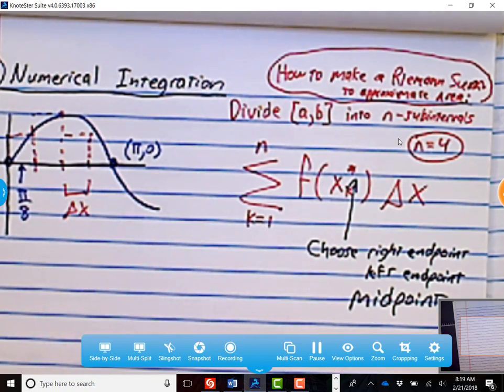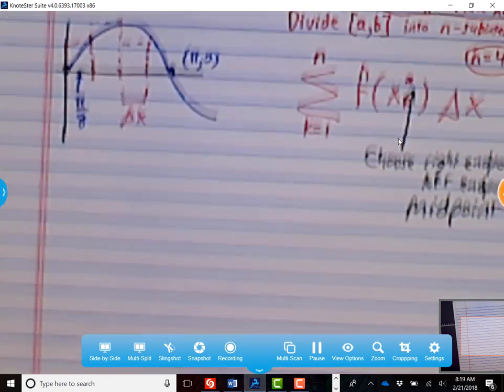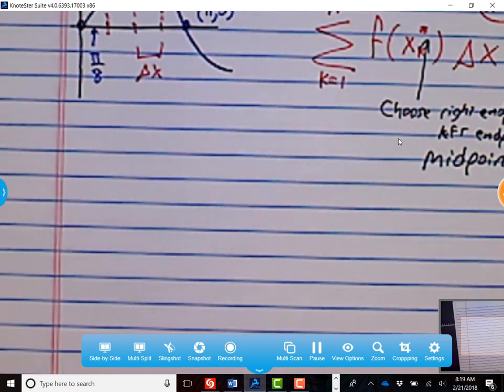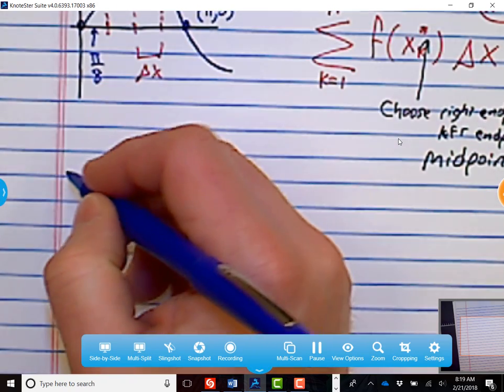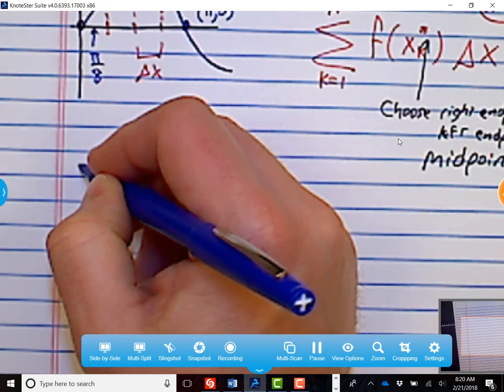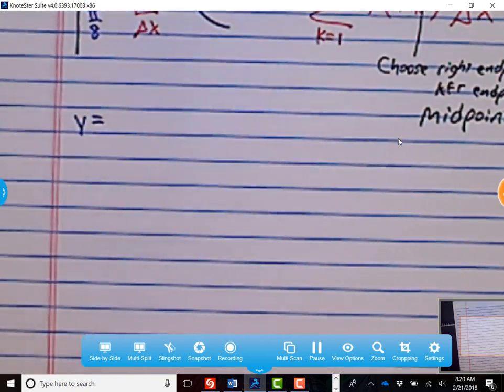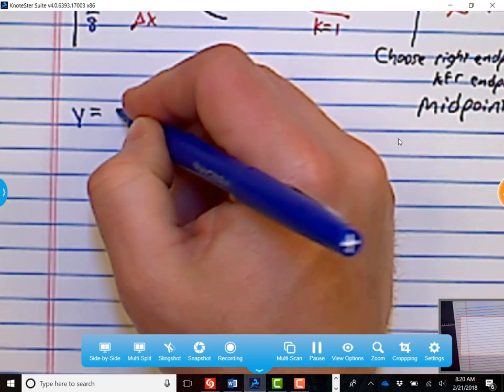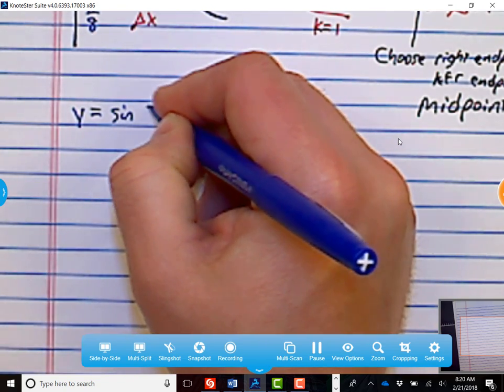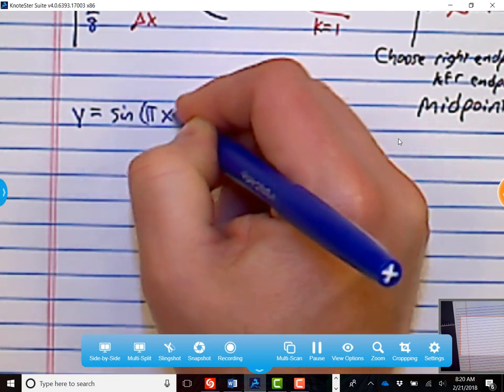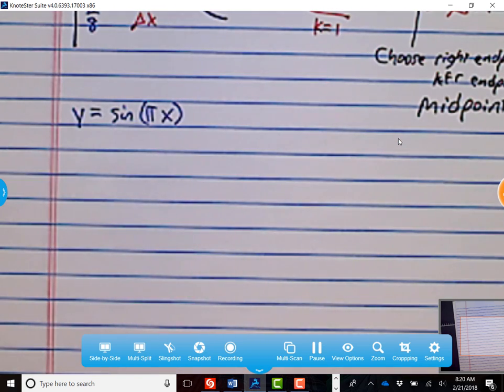So I think what I want to do is come up with another example that might make things a little bit nicer. So let's instead use the curve y equals the sine of pi x. How about that? Y equals the sine of pi x.